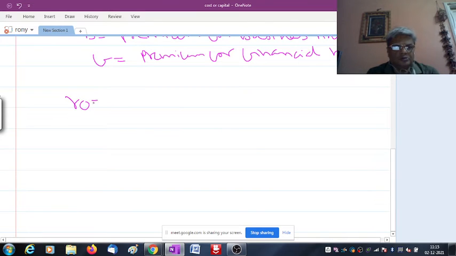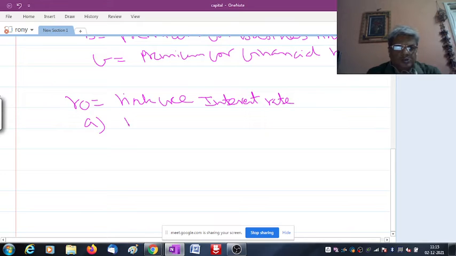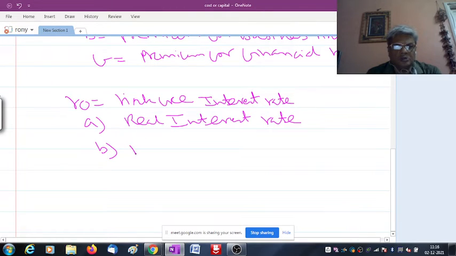The risk free interest rate comprises two factors: number one, real interest rate, and number two, purchasing power adjustment.